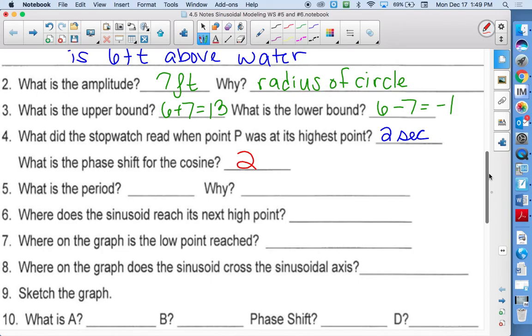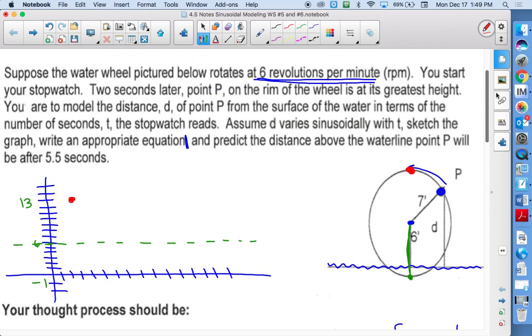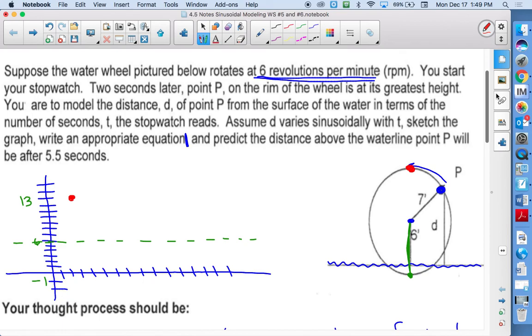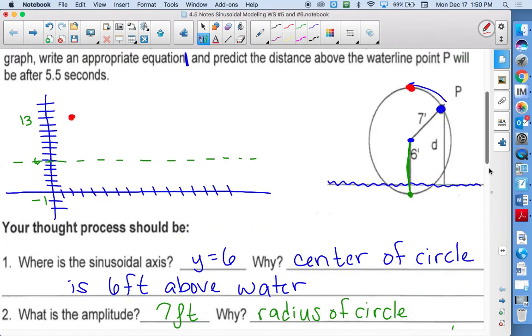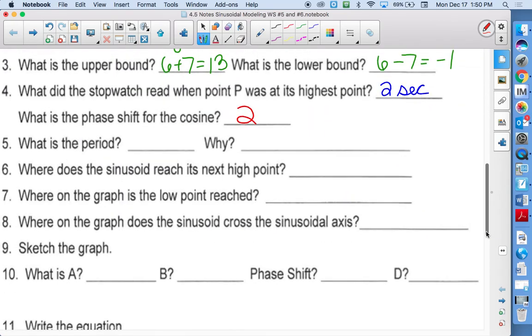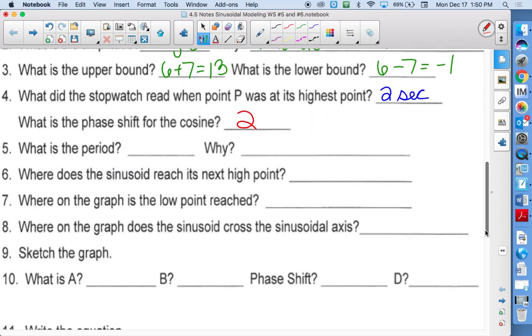So if we go back and read the first sentence over again. The water wheel rotates 6 revolutions per minute. We need to be able to figure out the period from that. Virginia? Would it be 6 times 60, which is 360? Wait, no. Oh, it would be 10. Why 10? Because you divide a minute by 6.